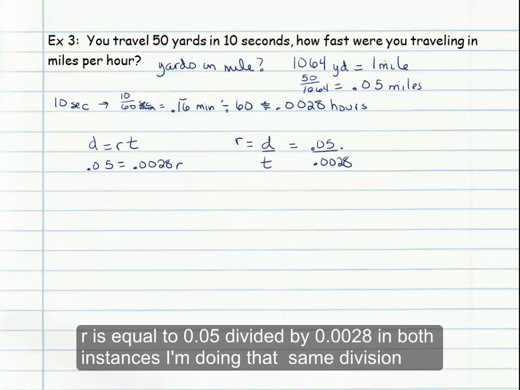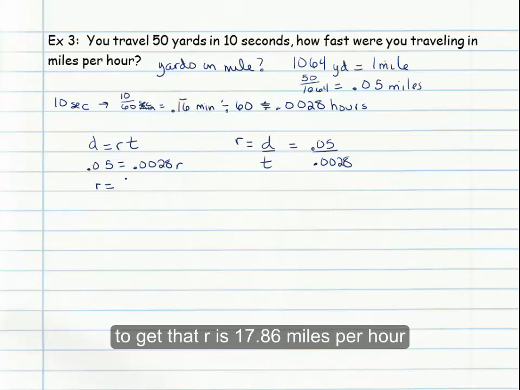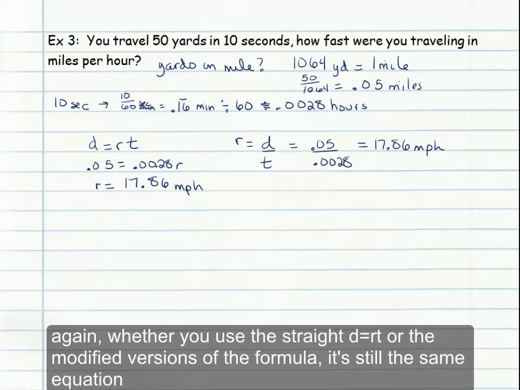And in both instances, I'm doing that same division. To get that r is 17.86 miles per hour. Again, whether you use the straight distance equals rate times time or the modified version of the formula, it's still the same equation.